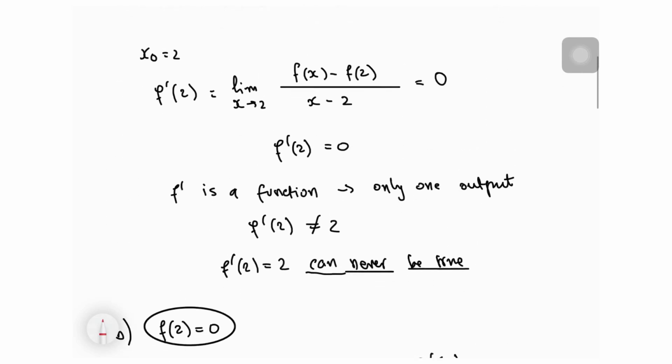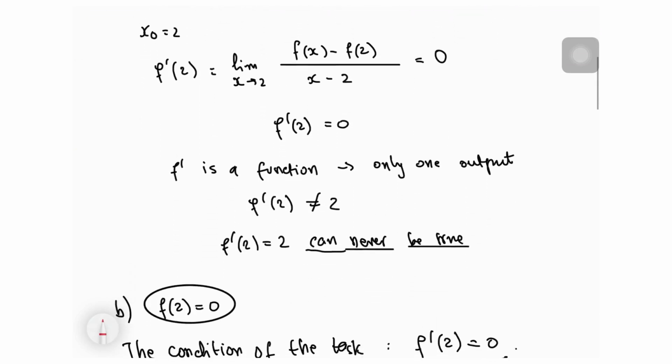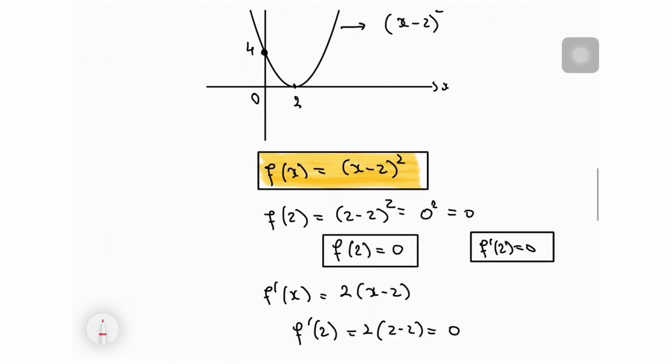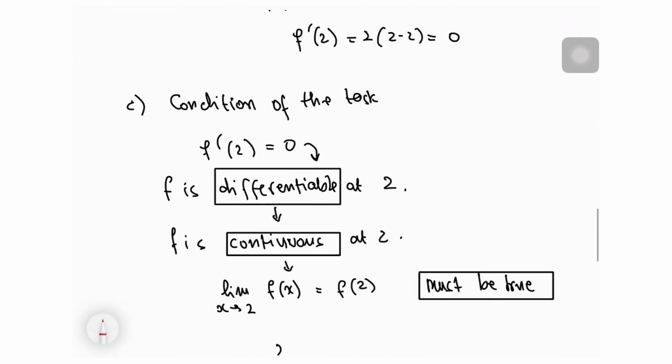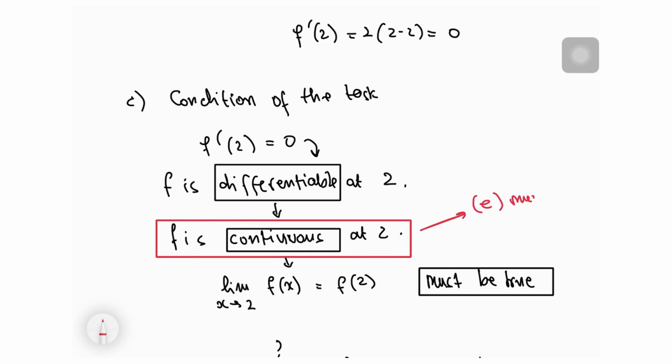Okay, and the last part, which is part E, f of x is continuous at 2. Actually, we answered this at C. So this is also E, so E must be true.